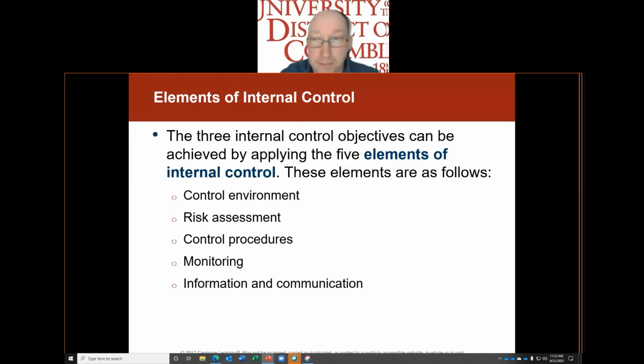Risk assessment. Risk assessment is where I look at my business and I identify weak points. What are weak points? A weak point is a way for a fraudster to infiltrate my business. I perform what's called a risk assessment to identify these weak points to prevent that from happening.